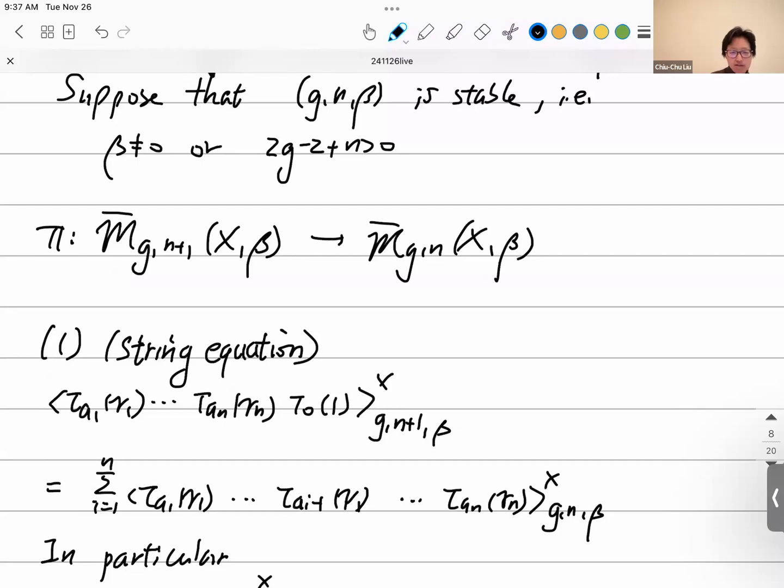Since the virtual dimension of M bar g,n,beta is one less, we need to integrate some cohomology class with one less degree. So for each term in the sum from 1 to n, you decrease the degree of the psi class by 1.